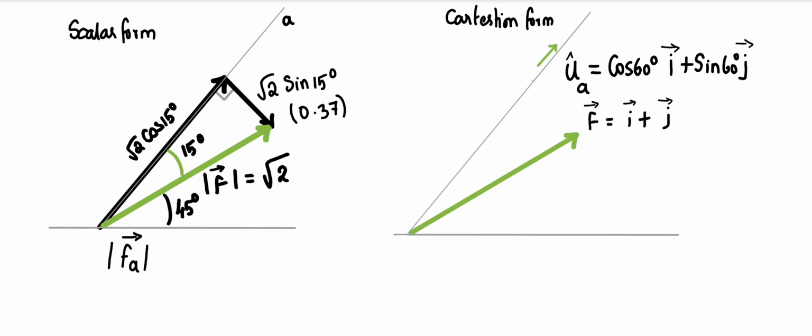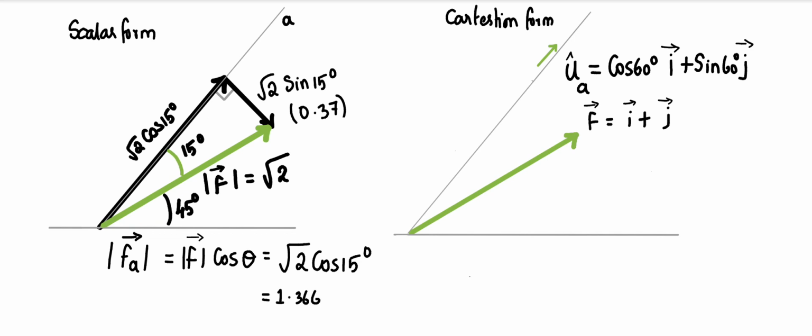To find the magnitude of the component of F along A, I first take the magnitude of F multiplied by cos of the angle between them. So root 2 into cos 15 degrees gives me the magnitude of the component of F along A.